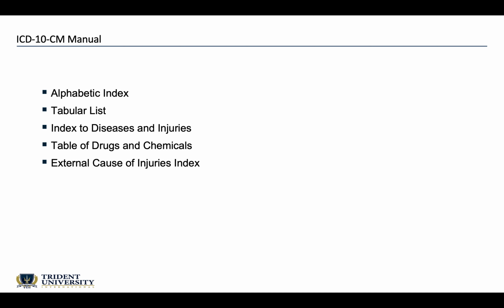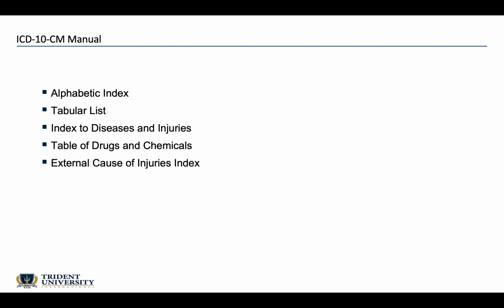Okay. So in your manual, you will find the following tables. The first is the alphabetic index. The alphabetic index is an alphabetical listing of all main terms. Diagnoses are main terms. And when you find your alphabetic index, you'll find that all the main terms are in bold, and you'll have subterms which are indented a little bit, and they're not in bold.